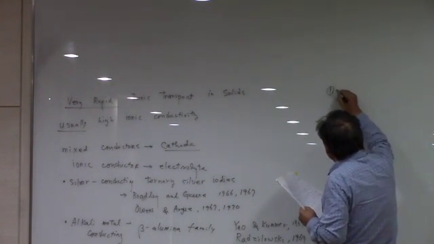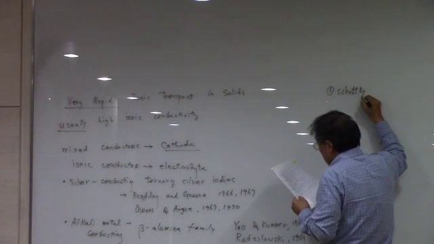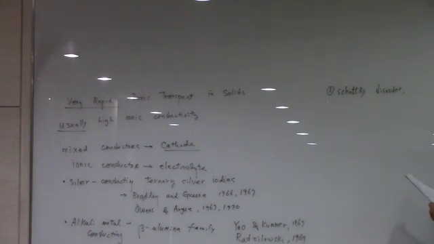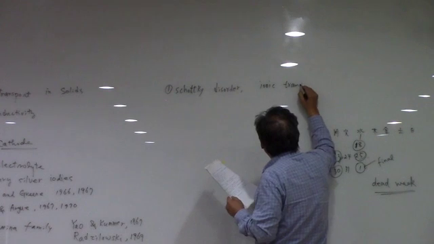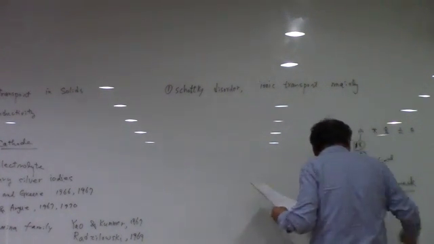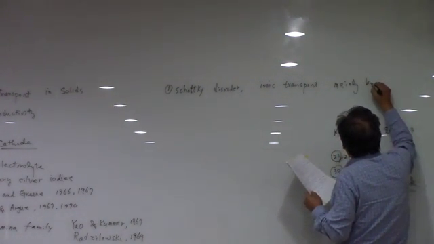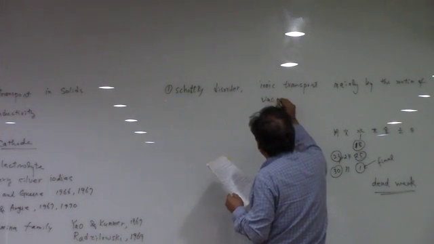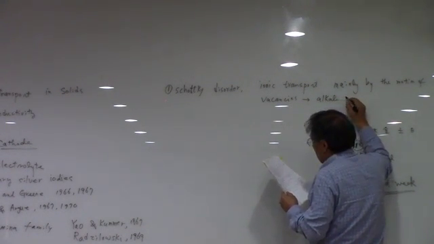Now, as we have discussed, we are going to have Schottky disorders, with ionic transport mainly by the motion of vacancies. And it applies for the alkali halides.